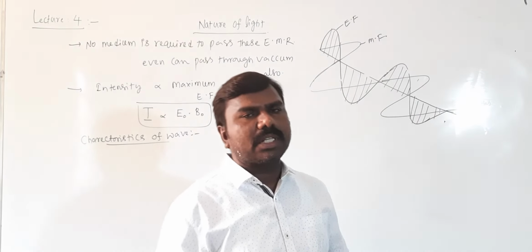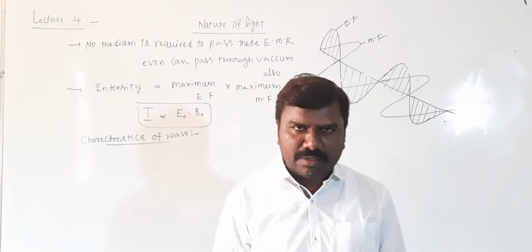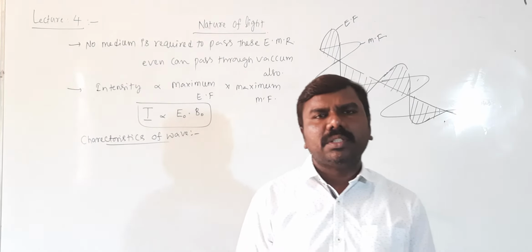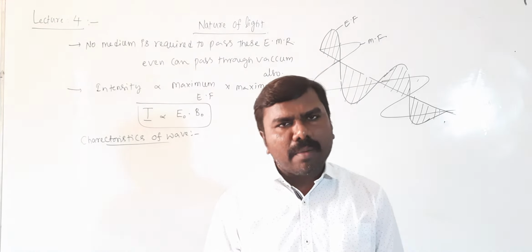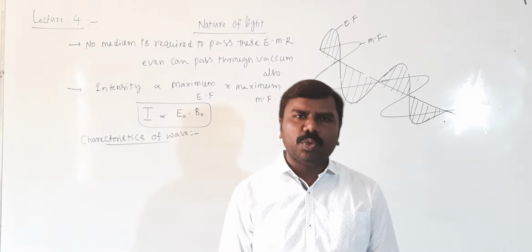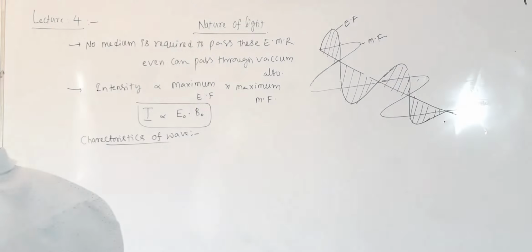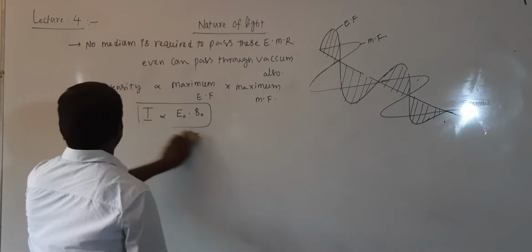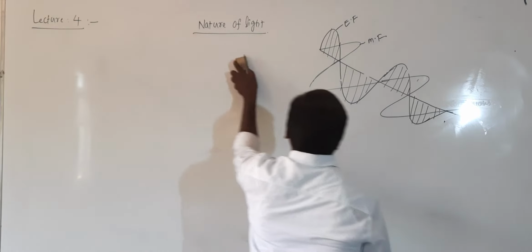In this we should study wavelength, frequency, wave number, time period, velocity and amplitude. These are the terms we should study, and their units and formulas are important. Now, to study the first one: the first characteristic is wavelength.